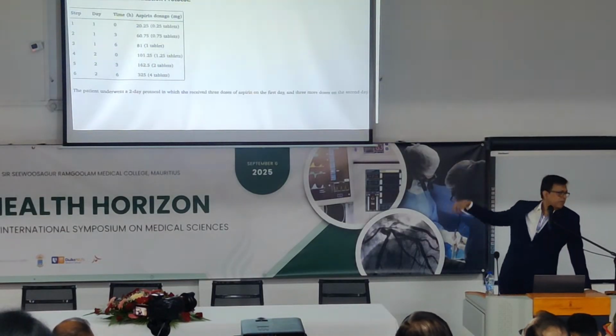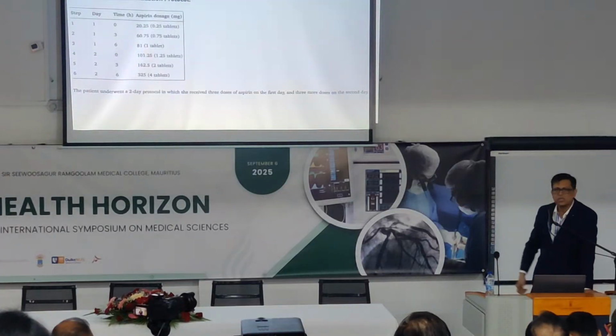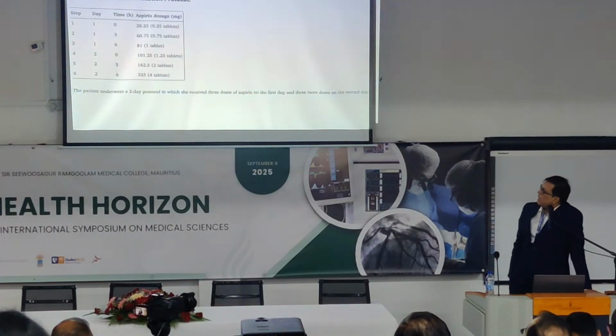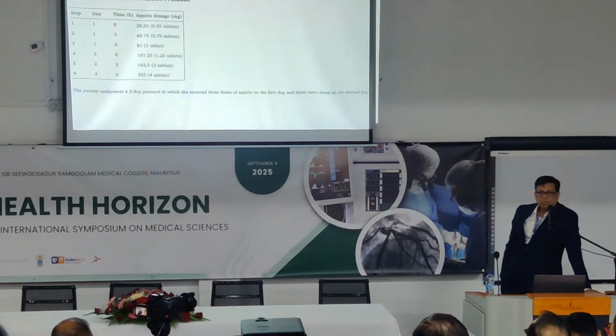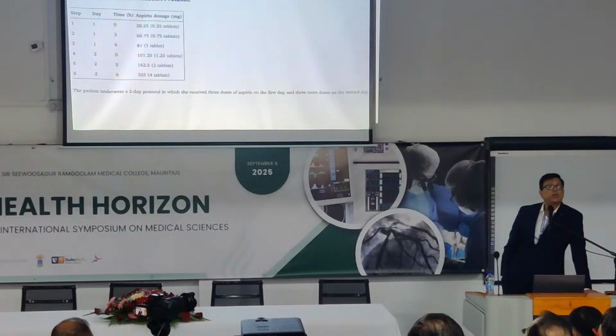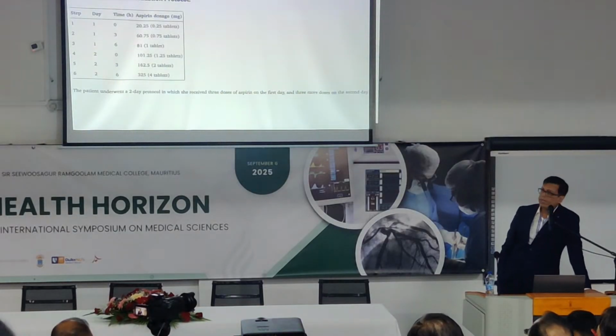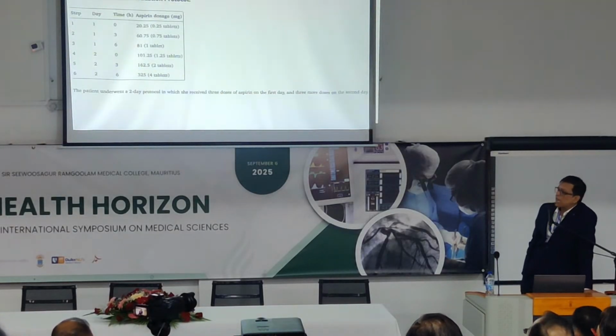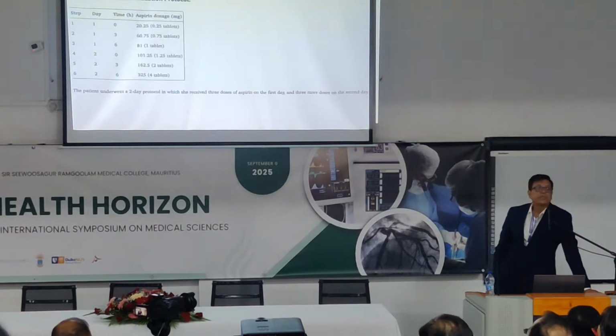This is an 81 milligram tablet, because we have different strengths. If there is no reaction, then on the second day you can use 1 and 1/4 tablets. After 3 hours, 2 tablets, and then 324, which is the loading dose.